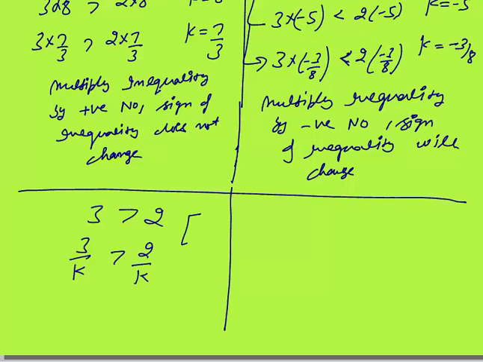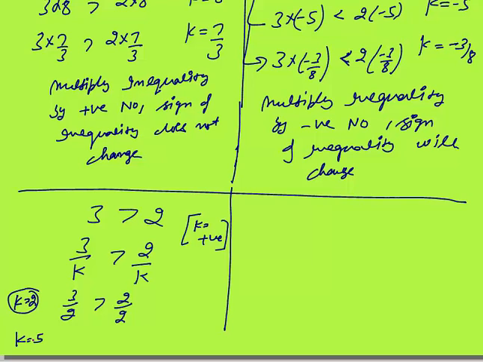If k is positive and you divide by a positive number, then 3 by k will be greater than 2 by k. For example, if k is 2, then 3 by 2 will be greater than 2 by 2. 3 by 2 is 1.5, 2 by 2 is 1.